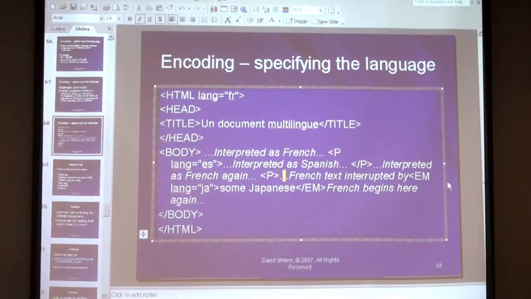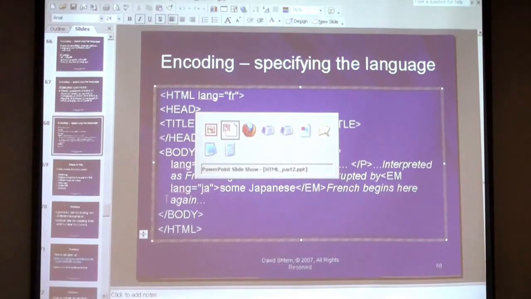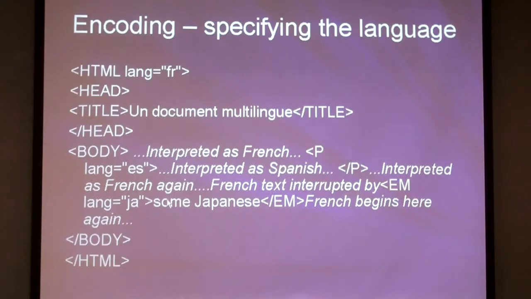We don't need this anymore. And then, yeah, that's how it looks. So this will be interpreted as French text, and after that we'll have some text in Japanese until this closing EM, emphasized text.